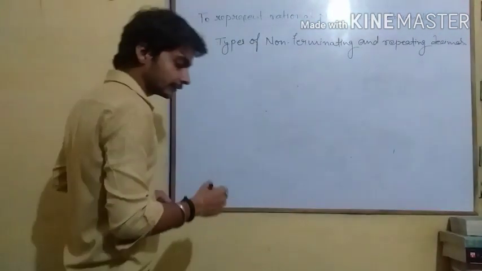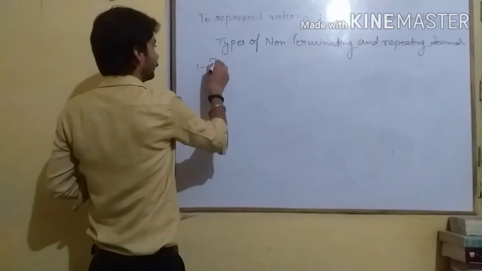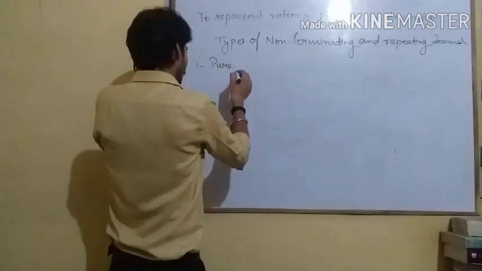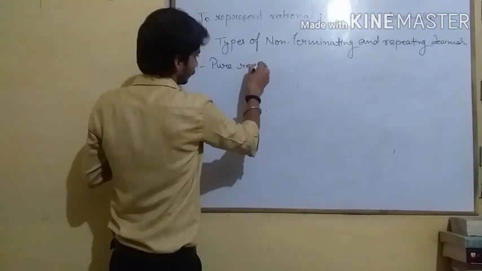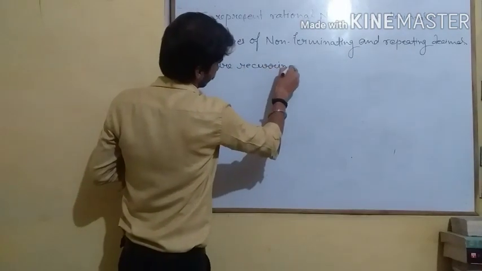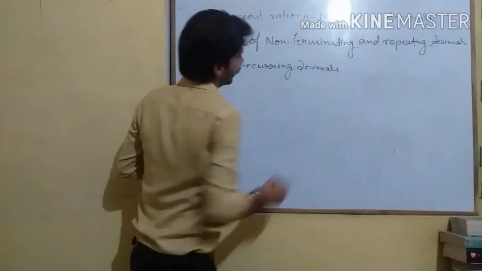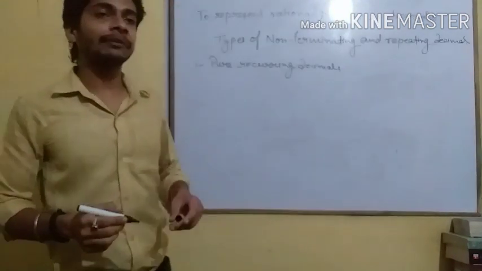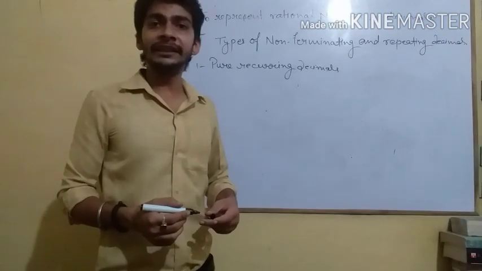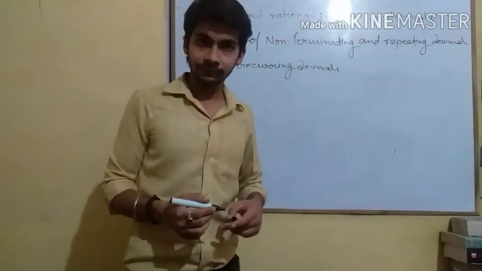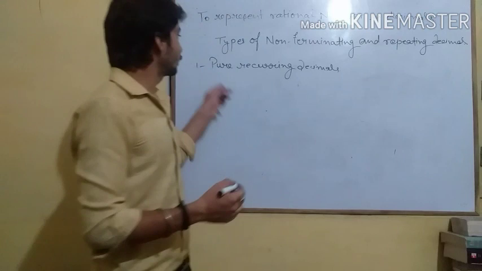The first one is pure recurring decimals. In this type of decimals, if we have the exact repeating decimals after the decimal, then they are called the pure recurring decimals.